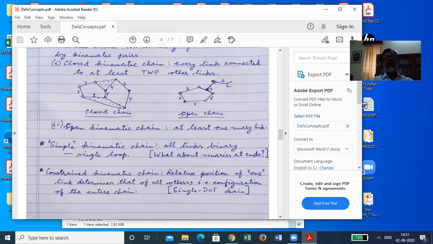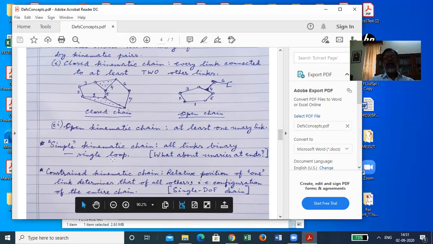For example, you could simply say that all single loop chains, whether closed or open, you don't bother. It can be open. Who cares? Say link 1 is connected to 2 only, 2 is connected to 1 and 3, 3 is connected to 2 and 4, and so on till n. Now this is our idea of chain. So you could include all such chains also among simple kinematic chains.